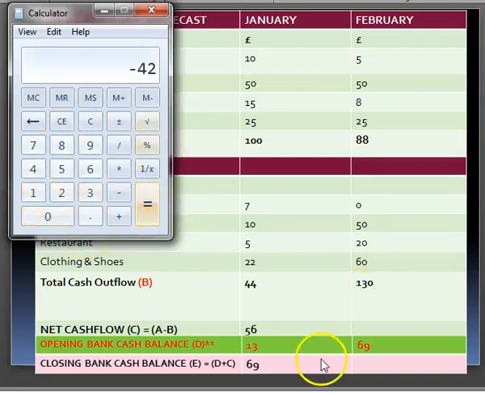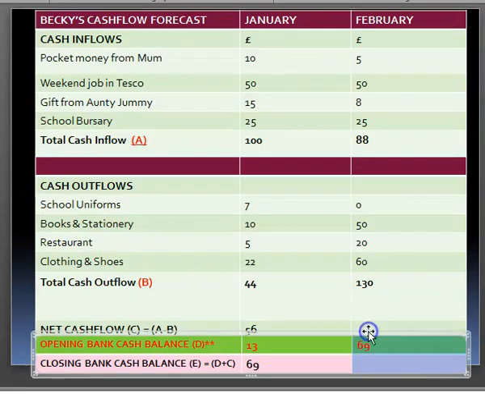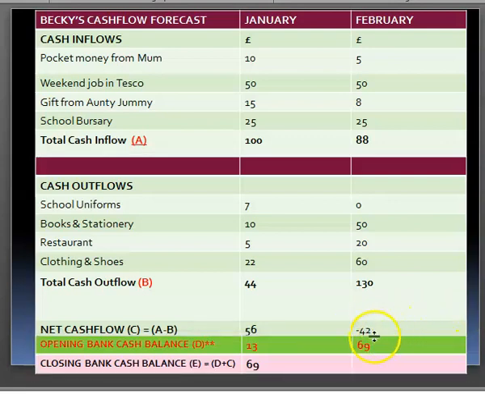So you get minus 42. Can you see you got minus 42 there? Which means you're going to be spending more than you're receiving, which is not very good.